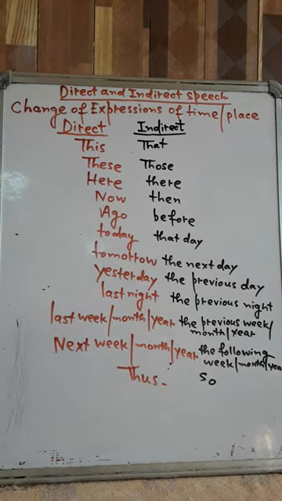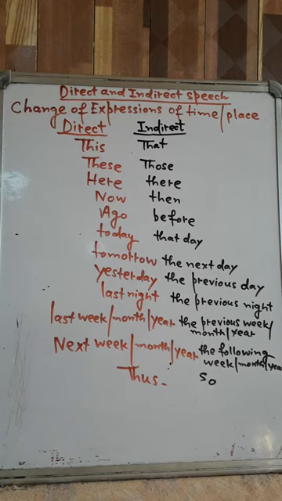Now let us take up assertive sentences or statements, how we change them from direct speech to indirect speech. And we know the general rules. First, we change the reporting verb. Second, comma and inverted commas are removed and replaced by the conjunction that.